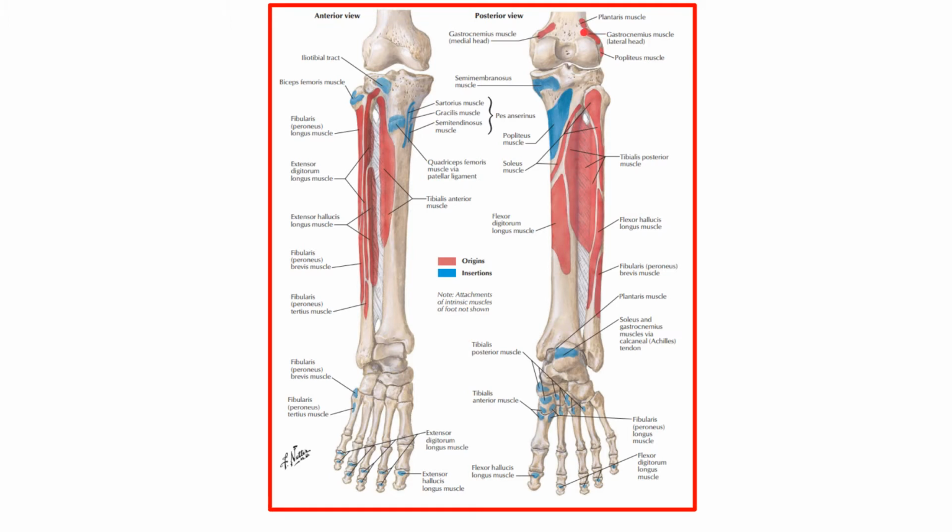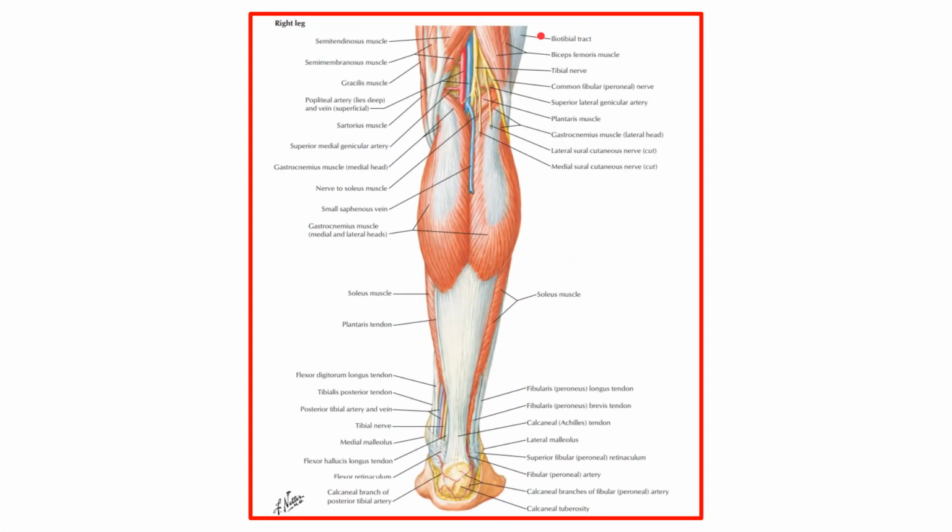From the supracondylar line the lateral head of gastrocnemius originates, whereas the medial head originates from the popliteal surface just above the medial condyle of the femur. We have already discussed its insertion into the tendocalcaneum.